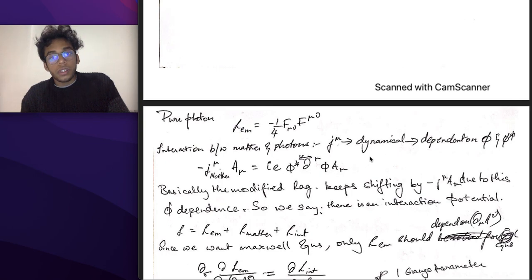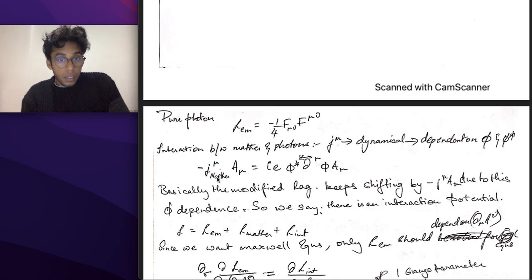We have considered it to be zero so far, so there was no problem, and we have also considered it to be independent of φ and φ star, which is why we got no problem. But what if J^μ depends on φ and φ star, right?